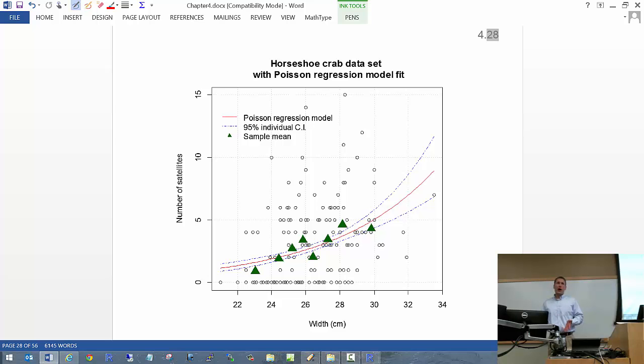And some of the popular goodness of fit tests are based upon this premise of putting the data into groups and then calculating a simplified statistic that measures, well, basically how far is the green from the red. But depending upon how you put the data into groups, you could potentially get different answers. And so we'll come back to this idea again. I think it's section 5.2.